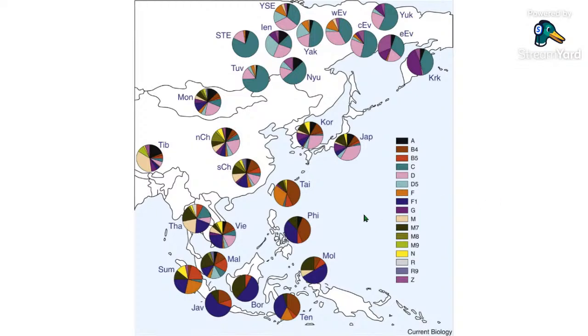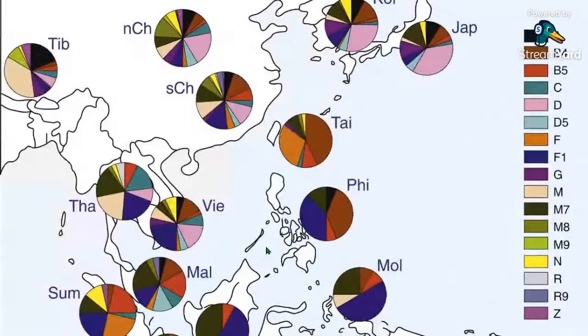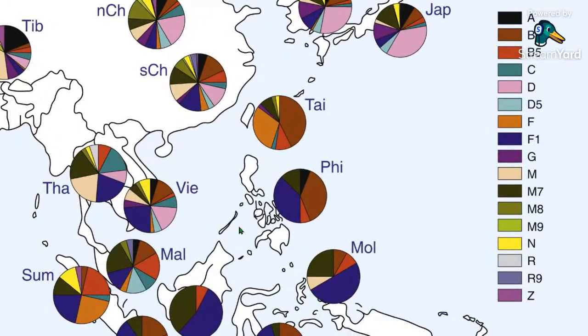So if you hear somebody saying the lost tribes of Israel went to the Philippines, well, we have proof that the maternal lineage is in the Philippines, which would be the B. These two colors are B, these two brown colors, and the F, which is this light brown color and this dark blue color, as well as the P, which is not here in this chart, but there's a P as well.